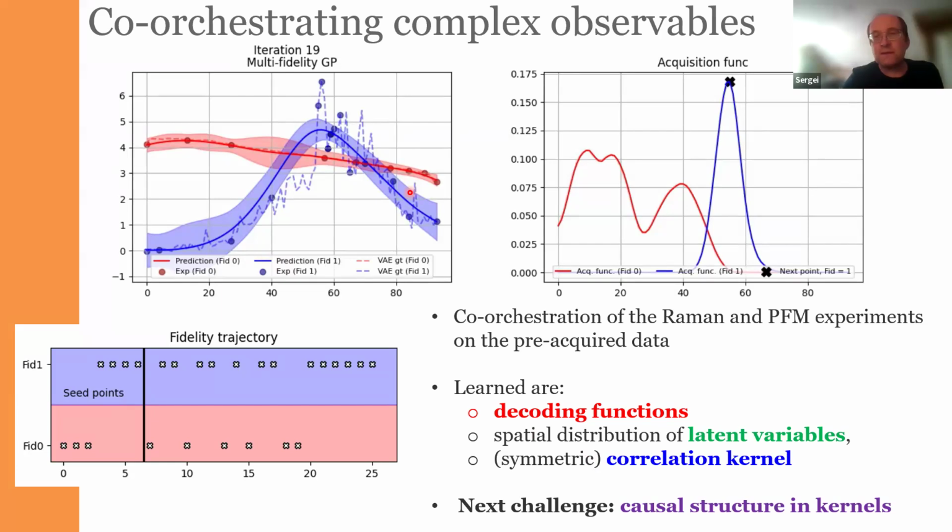But if we try to use the same type of approach to understand more complex systems or processing optimization, we should not use a symmetric correlation kernel blindly, because for real world problems, we need to take into account the causal structure between our control variables and observables. So again, the framework for doing it is already available, because there are things like DoWhy that allow you to do that.